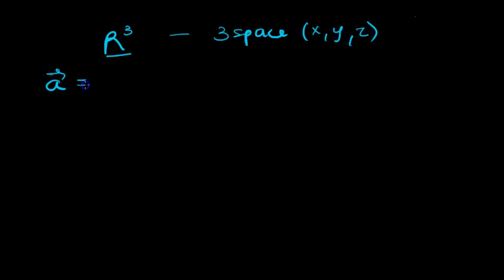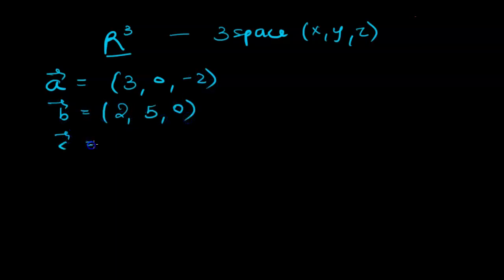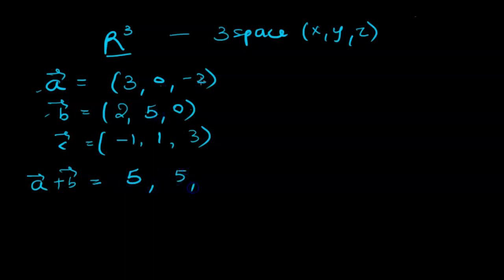We are given vector A as (3, 0, -2), vector B as (2, 5, 0), and vector C as (-1, 1, 3), and we are supposed to find vector A plus B. All we do is add the respective x values of A and B, respective y values, and respective z values, and the resultant will be the sum of A and B. So 3 plus 2 is 5, 0 plus 5 is 5, minus 2 plus 0 is minus 2, and this is how we write the resultant in x, y, z form.